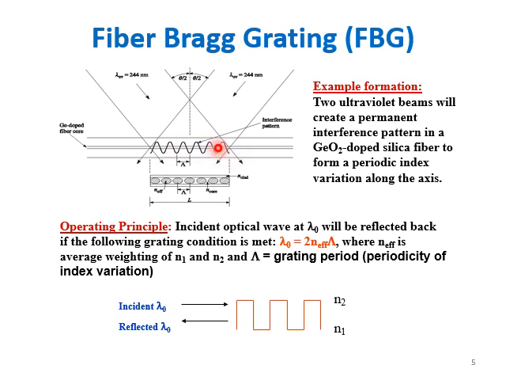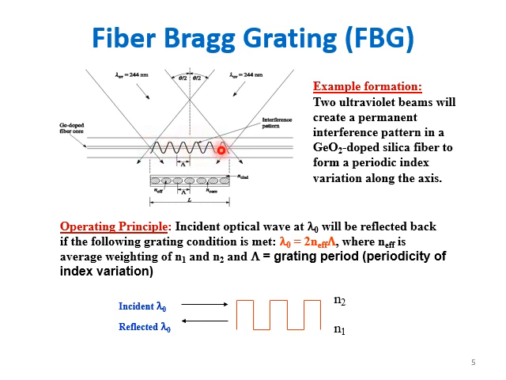That is nothing but an interference pattern where the two different wavelengths are coming and hitting. So two ultraviolet beams will create a permanent interference pattern in a GeO2 doped silica fiber core, to form a periodic index variation along the axis. You can find the index variation because of these two different wavelengths hitting at these particular junctions.